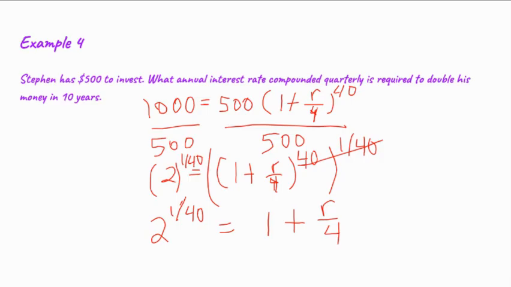Ignoring the exponent, it's clearer to see what we do. We're going to subtract 1, and then we're going to multiply by 4. So I'm going to do 2 to the power of 1 divided by 40 minus 1, and we get 0.0017, something like that. And then we multiply by 4. We get 0.0699. So it's about 6.99% is our rate.